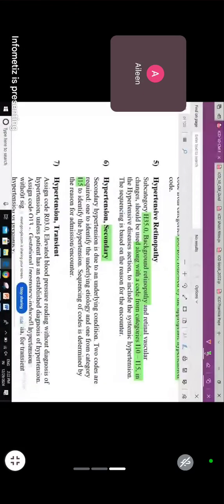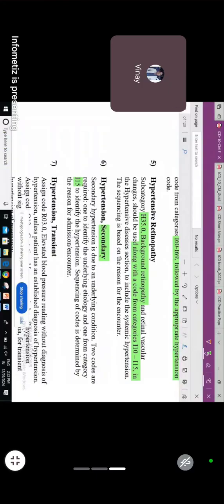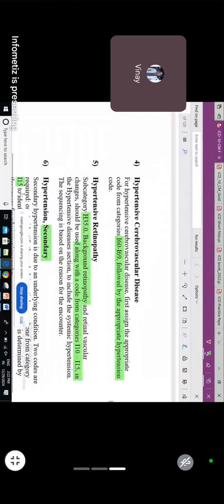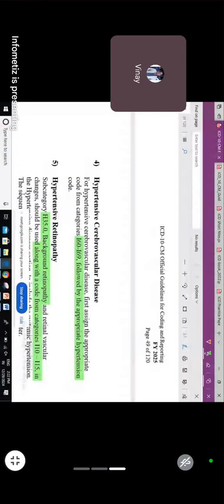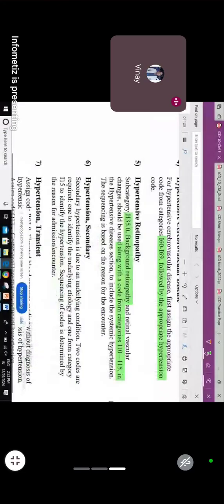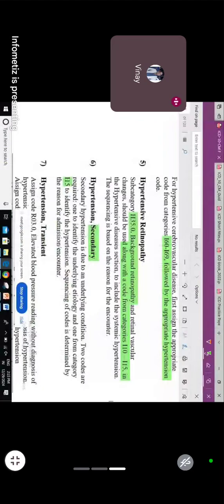Can you please repeat that hypertension retinopathy? Hypertension retinopathy, H35.0, we have to code along with an I-series code. Same as what we have seen in the cerebrovascular disease. Then hypertension secondary, what we have seen in our diabetes, right?